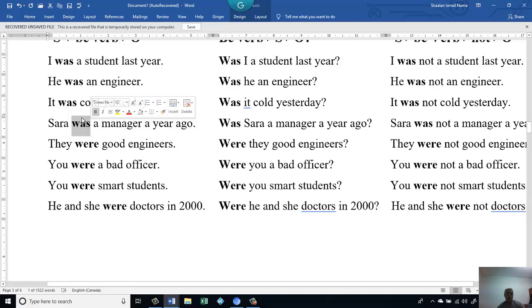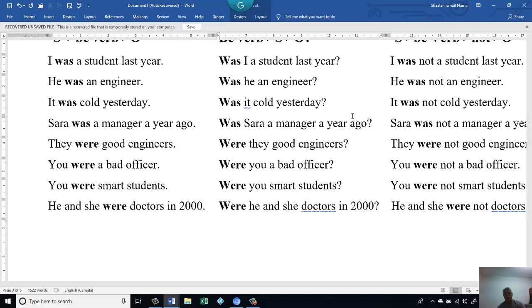Again, we take the auxiliary verb and put it in front of the subject. Then we have: Was Sarah a manager a year ago? Then we could answer yes, she was, or no, she was not. You could say yes, Sarah was, or no, Sarah was not. To make it negative, it's easy, just add not after the auxiliary verb.